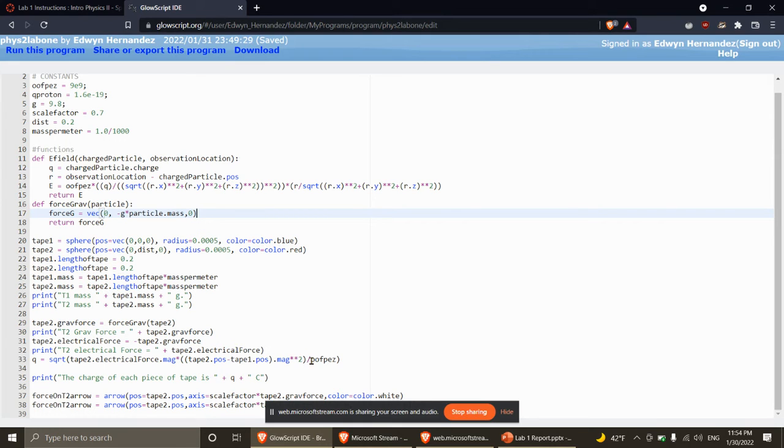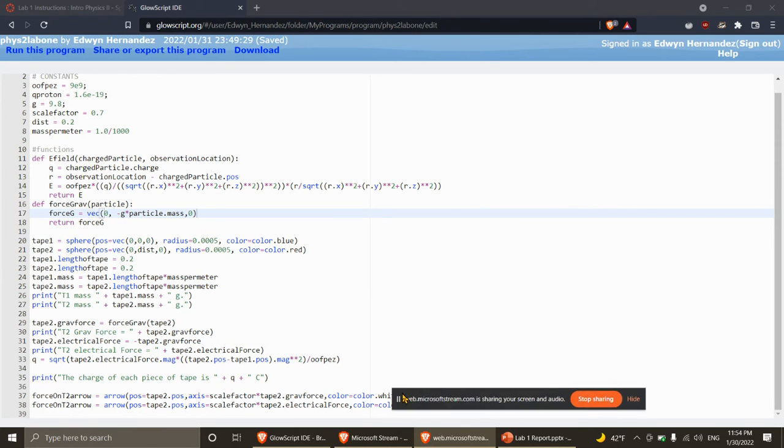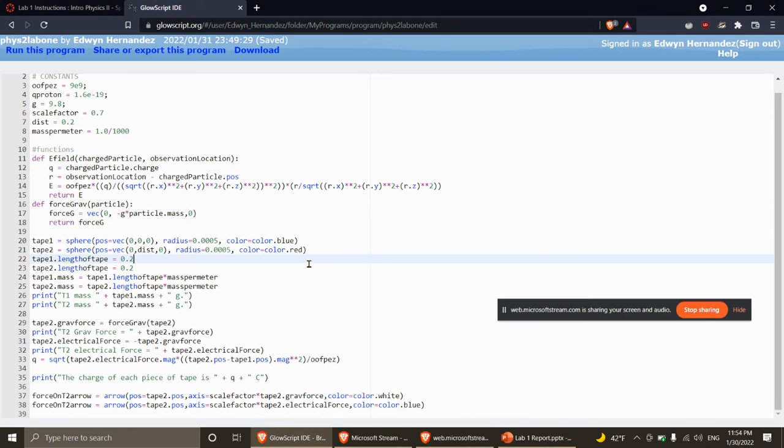So for this one right here, we see that we have our tape, which are our dots, which are our spheres, as I could say. Tape 1 and tape 2 have a length of approximately 20 centimeters. So that's why I put 0.2, because we need to have them in meters.